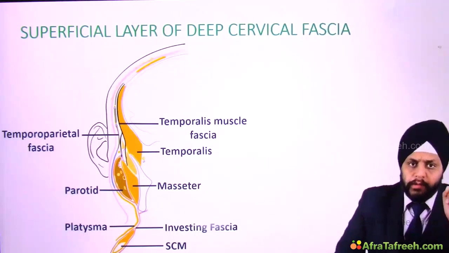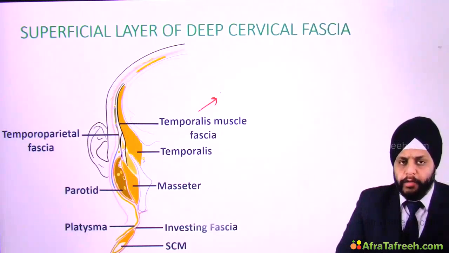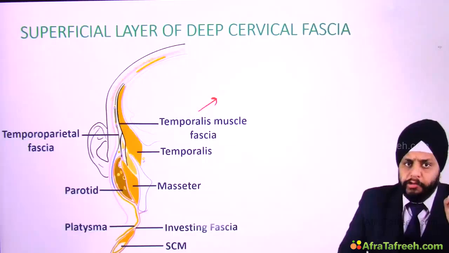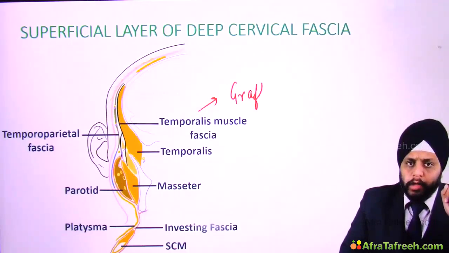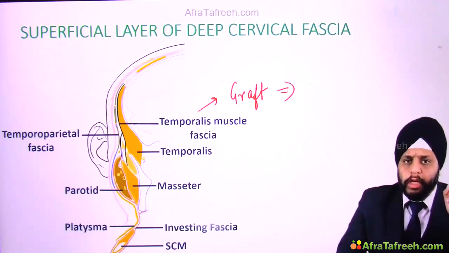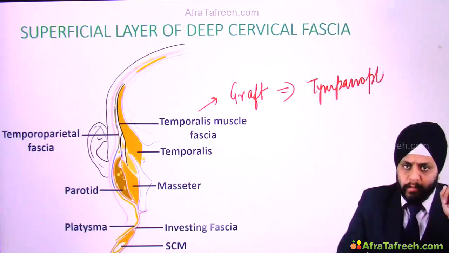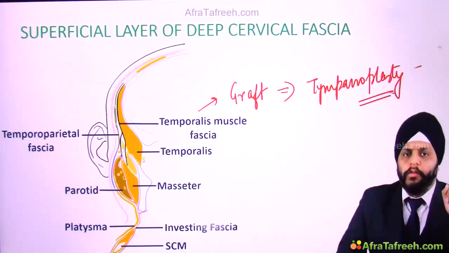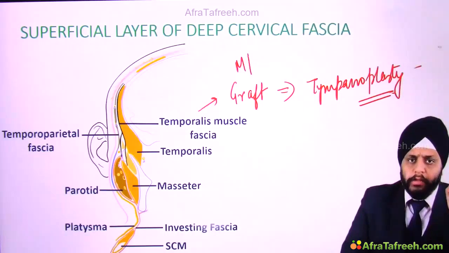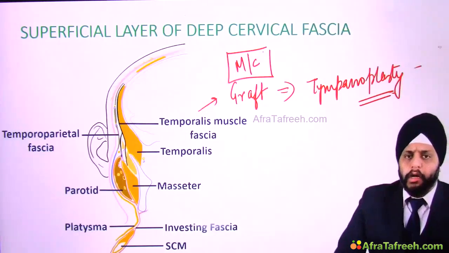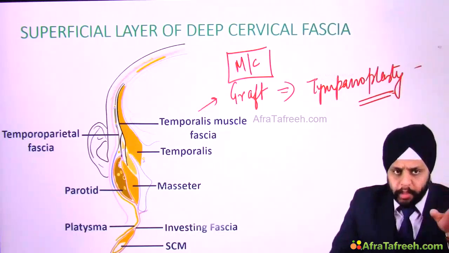This temporalis muscle fascia is a continuation of the superficial layer of deep cervical fascia, and this is the same fascia which we harvest for the graft and use in tympanoplasty. For the reconstruction of the tympanic membrane, this is the most commonly used graft.